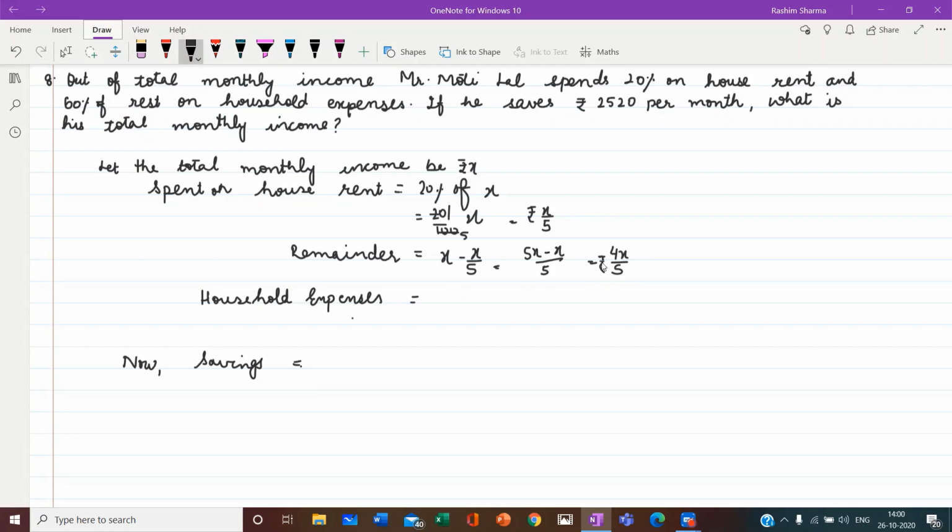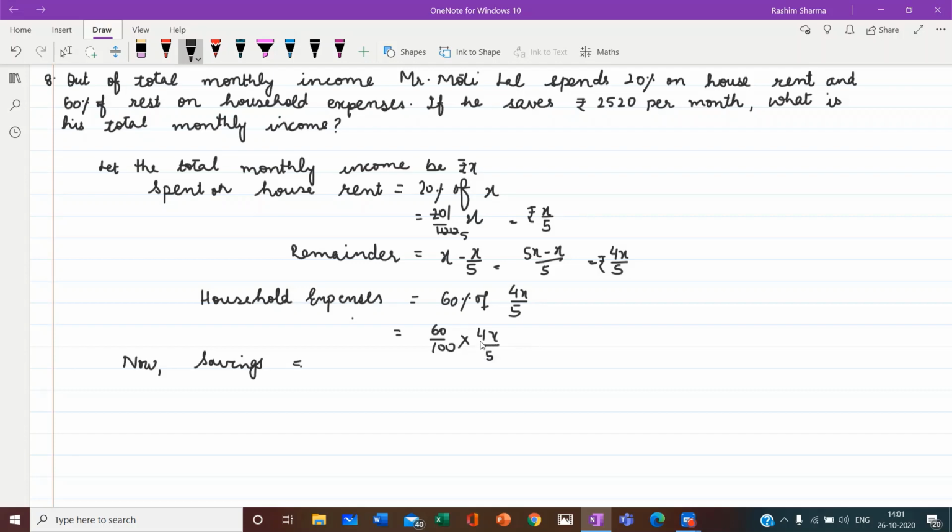Now from this remainder we are given 60% of the rest on household expenses. So what are the household expenses? 60% of the remainder. 60% of 4x on 5. Okay, so when we solve it, it is 60 on 100 into 4x on 5.